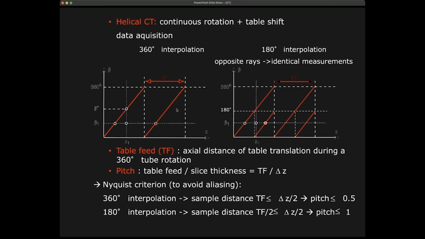So the projections that we have are different, and we have to make sure that, first of all, we still cover everything with about 360 or at least 180 degrees. That's the minimum that you need to scan in order to be able to properly reconstruct it. And then in our reconstruction algorithm, we have to take the speed of the table and the speed of the scanning into account.